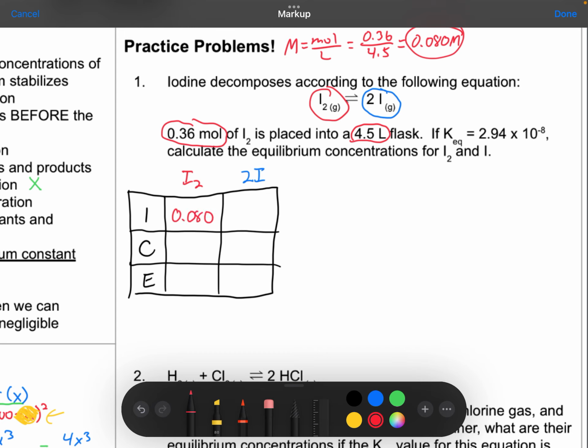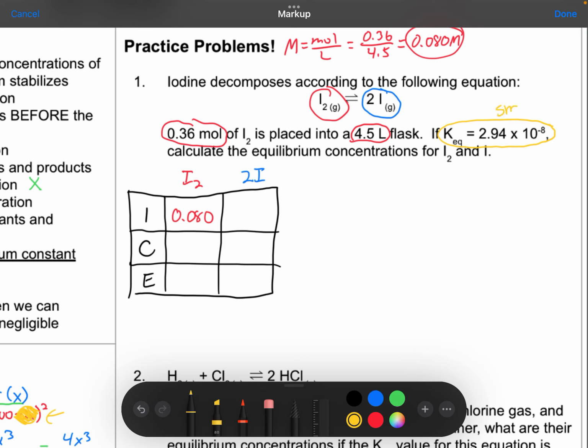All right, next, it says if my KEQ value is 2.94 times 10 to the negative 8th, calculate the equilibrium concentrations for I2 and I. So once again, we are seeing that our KEQ value is really, really small.